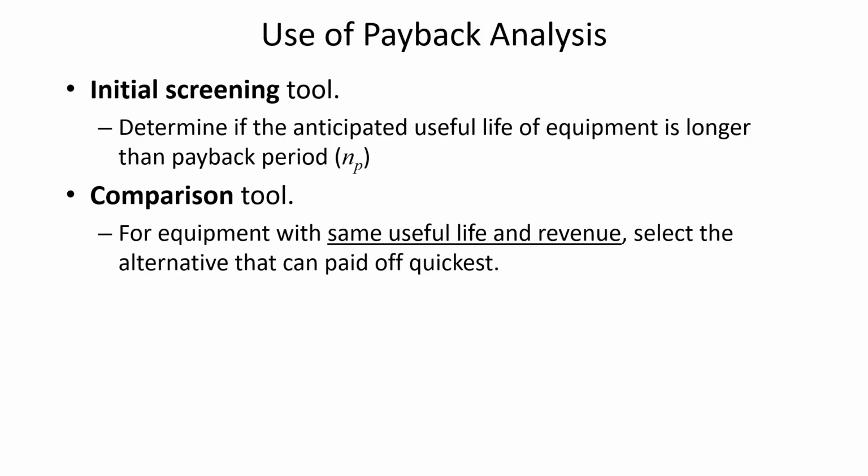So if both of the alternatives will last the same amount of time, and if they both are interchangeable in terms of how much revenue they're going to generate, then you would choose the item that can be paid off the most quickly. But that will rarely be true. So we mostly are going to use payback analysis for initial screening.